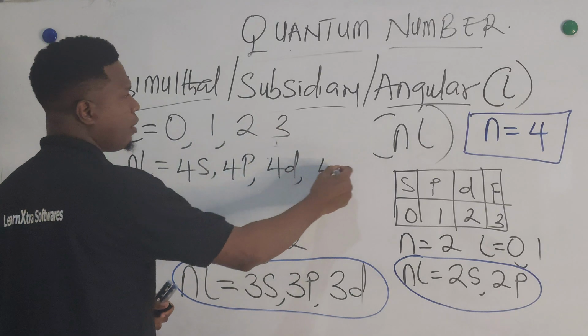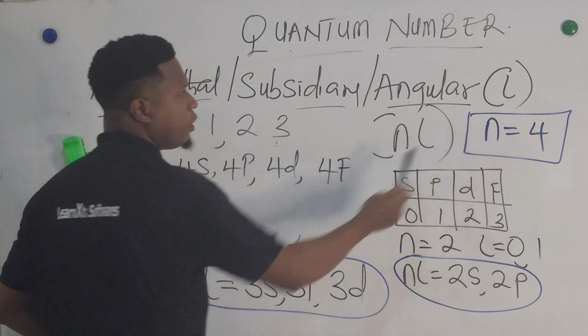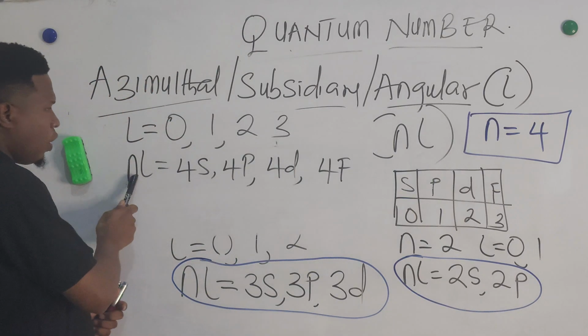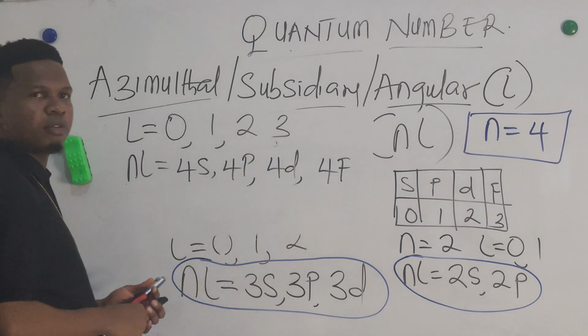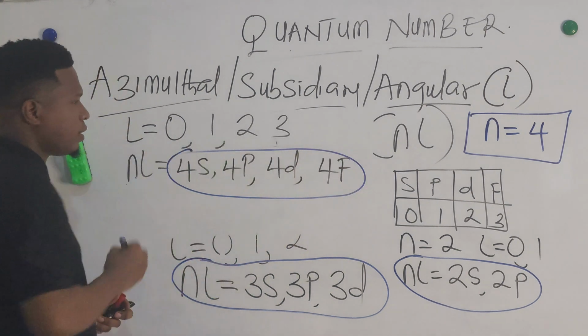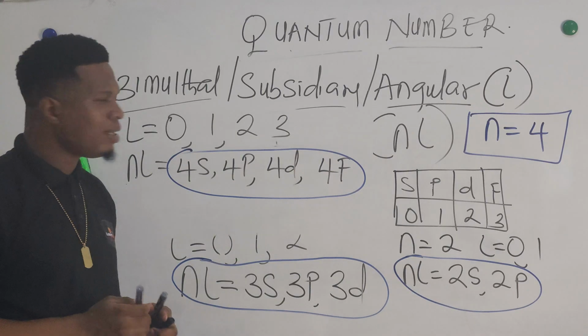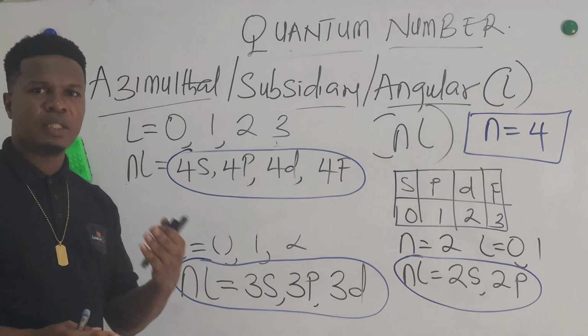And 4 with the 3, you have 4f. So when n is equal to 4, the possible orbital designations are 4s, 4p, 4d, and 4f. That's the answer. Take note of this. With this, I believe you now understand what is meant by orbital designation.